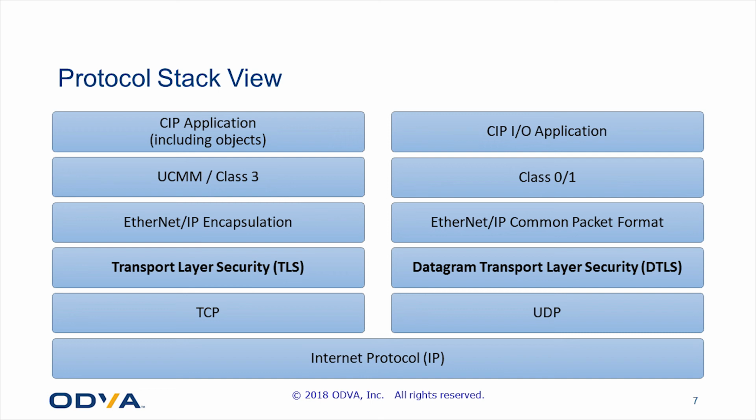Then there's your unconnected messaging, or what we call class 3 messaging, which is basically configuration to objects, and then your application on top of that. The other side is the I/O, again with UDP, DTLS, and then that basically just encapsulates raw I/O data that gets transmitted. So it's basically the same way that it would work in your internet use case using TLS and DTLS with TCP or UDP.